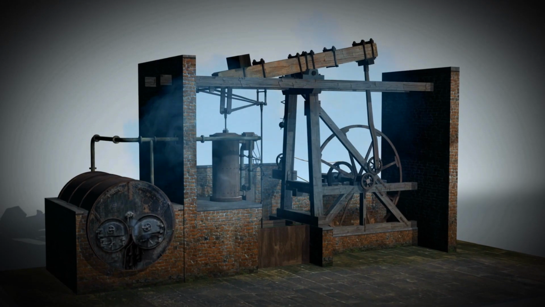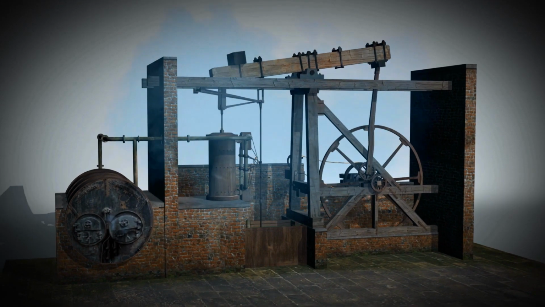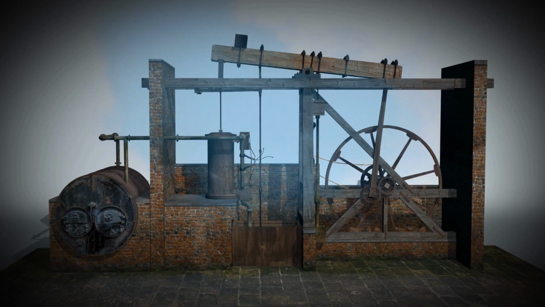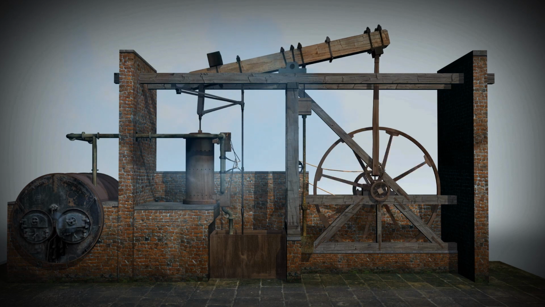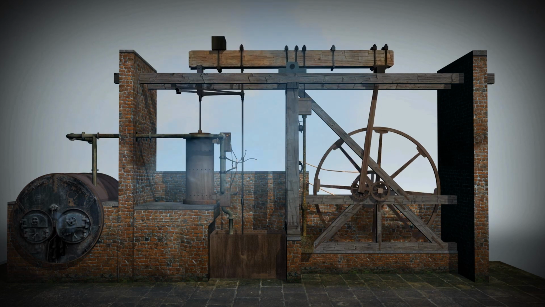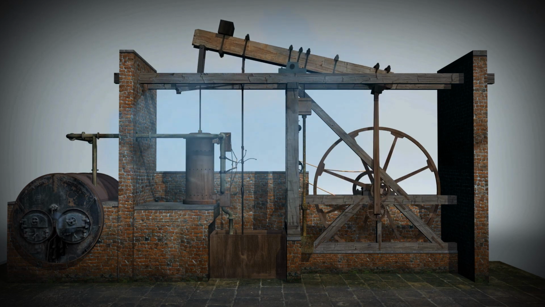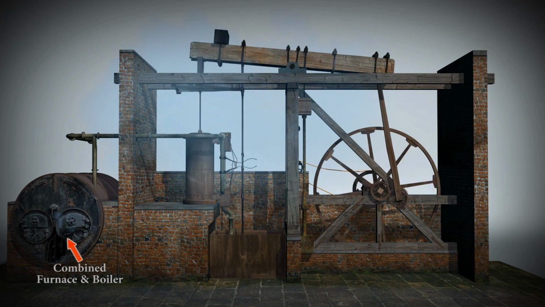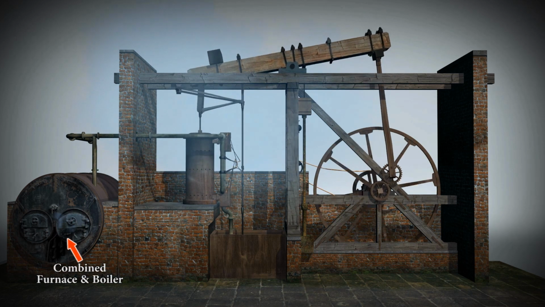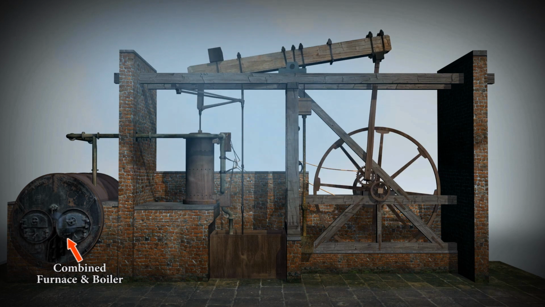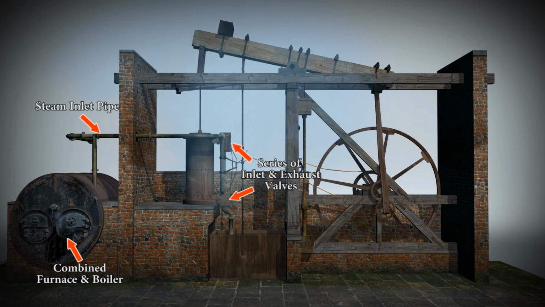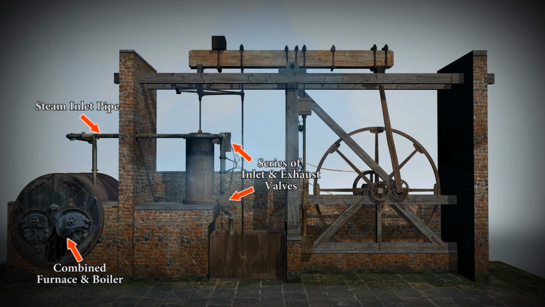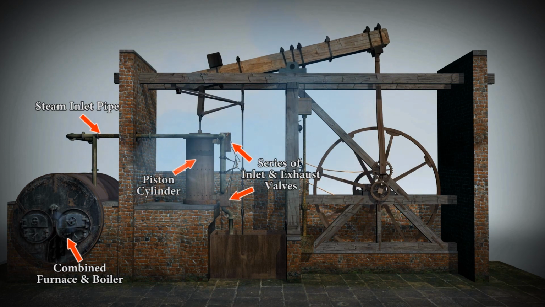Watt sporadically developed his engine between 1763 and 1775, and as we can already see, there's a little bit more to this than that of Newcomen's engine. So let's take a moment to examine its main features. It's the combined furnace and boiler that produces the steam, which is then transferred through the steam pipe to a series of inlet and exhaust valves, which in turn are connected to the piston cylinder.